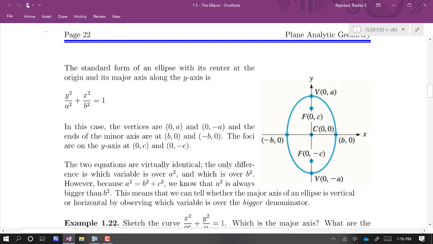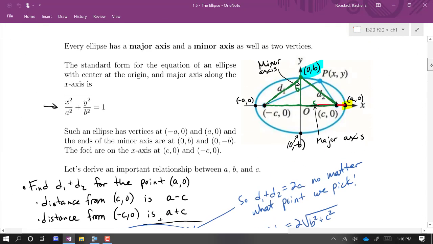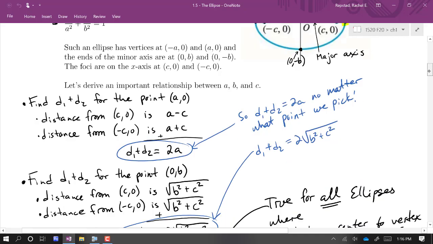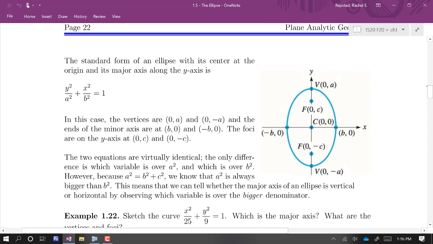Alright, so the standard form of an ellipse that has its center at the origin and its major axis as the x-axis, the one we were looking at up here, is x squared over a squared plus y squared over b squared equals 1. If the major axis is the y-axis, then the equation is y squared over a squared plus x squared over b squared equals 1. You probably notice they're virtually identical.